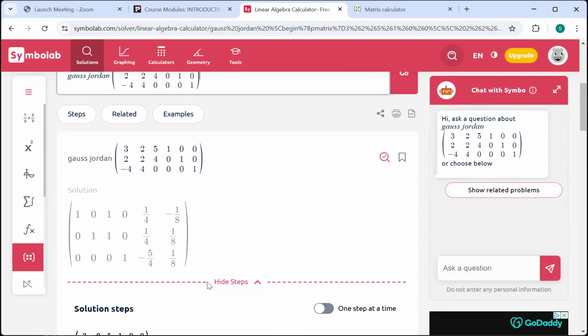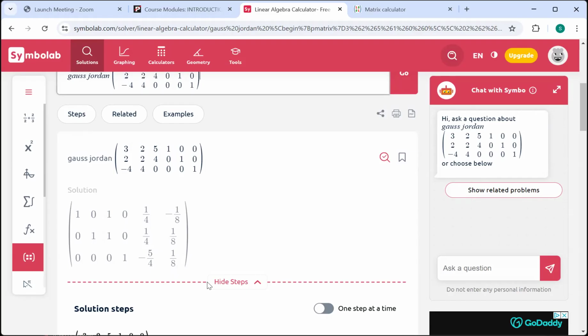Now, let's see what happened on the left side. Remember what we were hoping for? Now, I'm going to copy this first onto my page, and then I'm going to change my share. I have 1, 0, 0, 0, 1, 0, 1, 1, 0, and then 0, 0, 1, 1/4, -1/8, 1/4 and 1/8, -5/4, and 1/8.